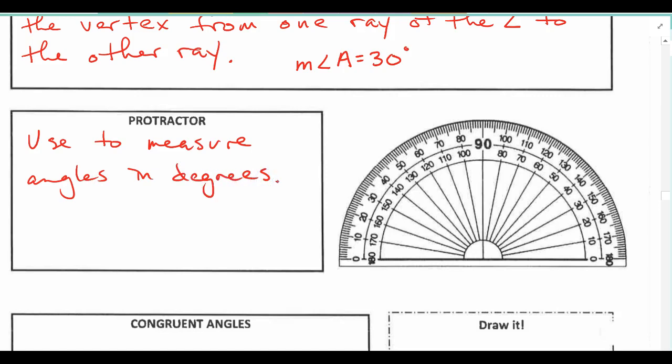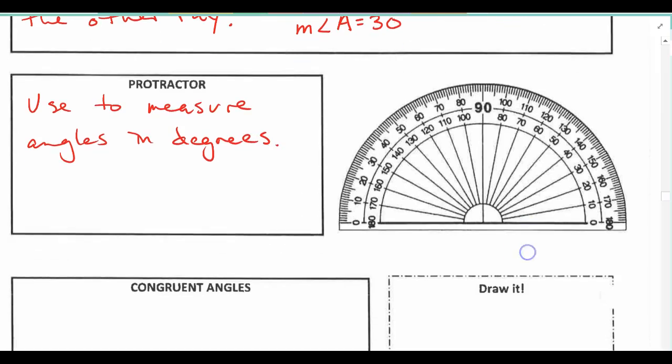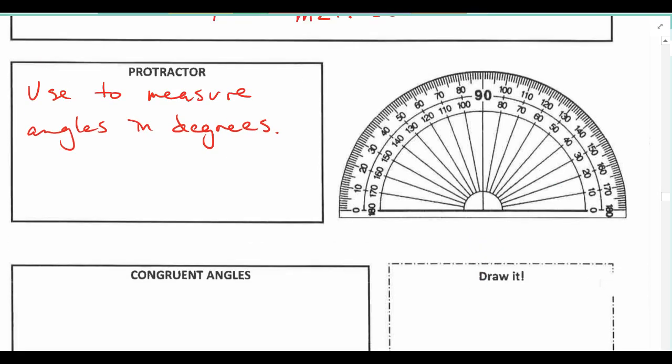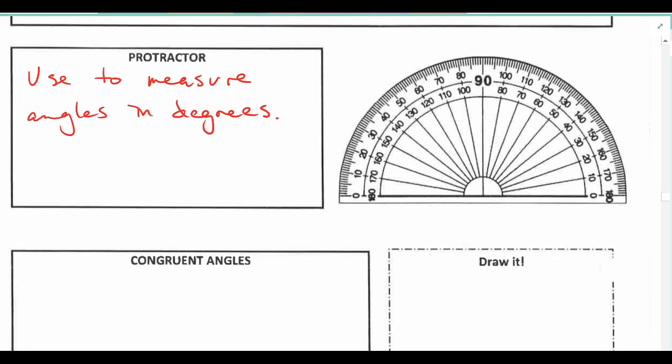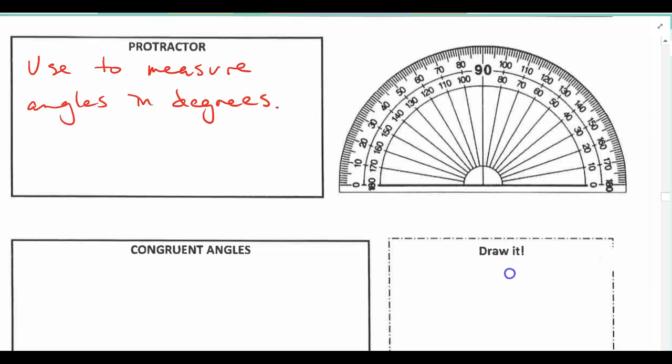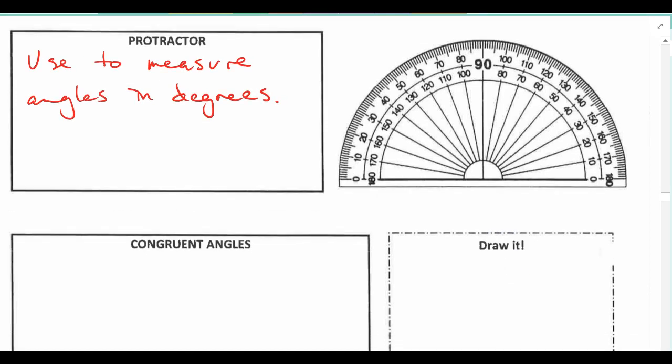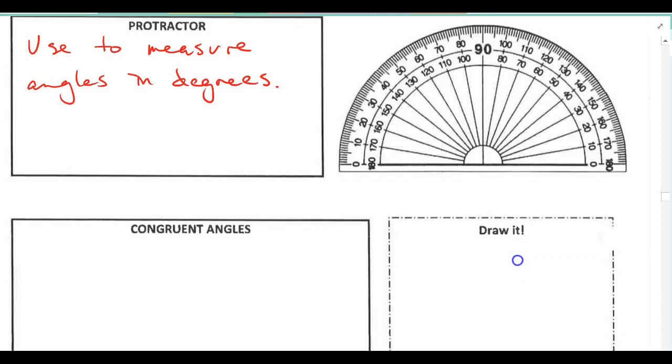There are actually other ways to measure angles besides degrees that we won't really talk about in this class, just something for you to know. You want to make sure that you have a protractor with you every day in class. If you haven't picked one up, you could probably get one at the bookstore or at Walgreens. It's required material for the class.